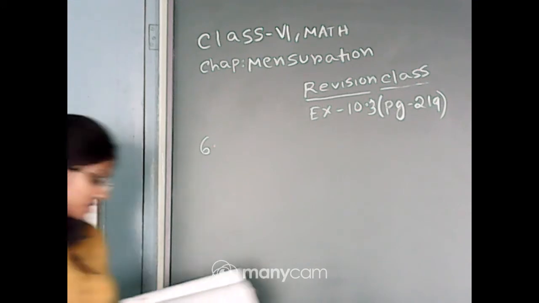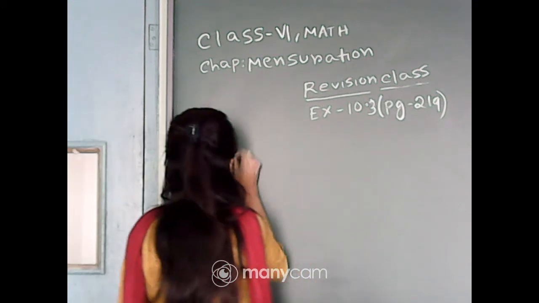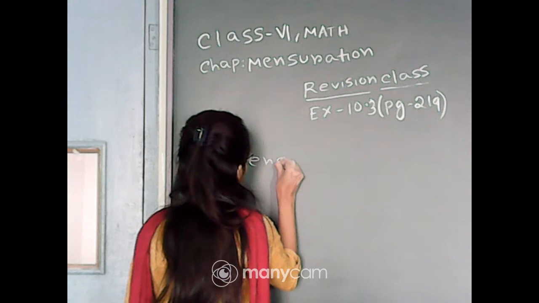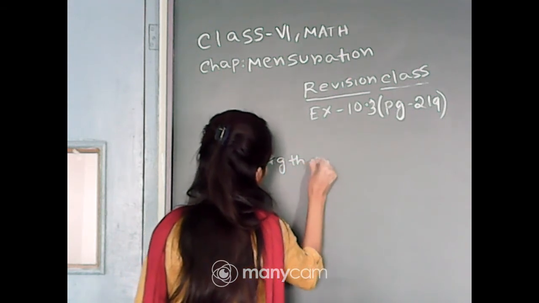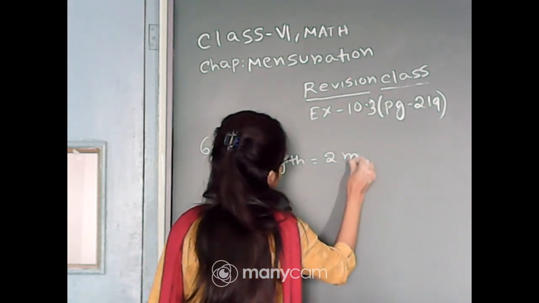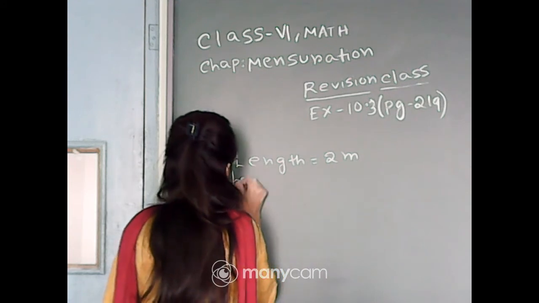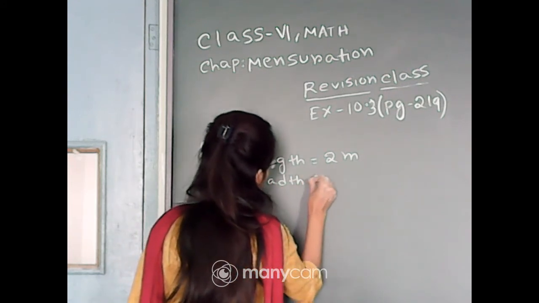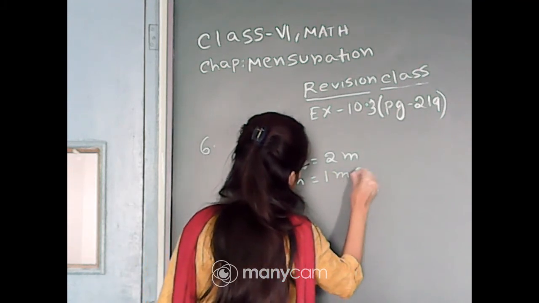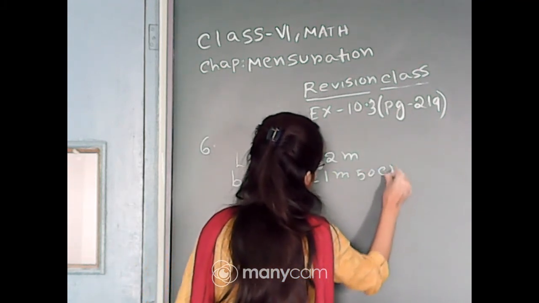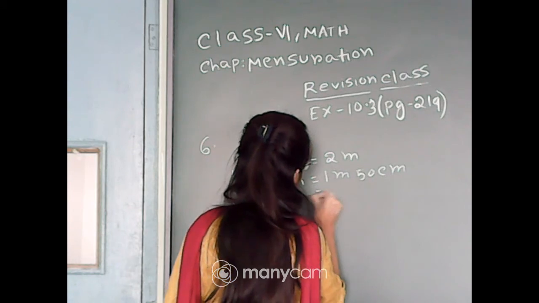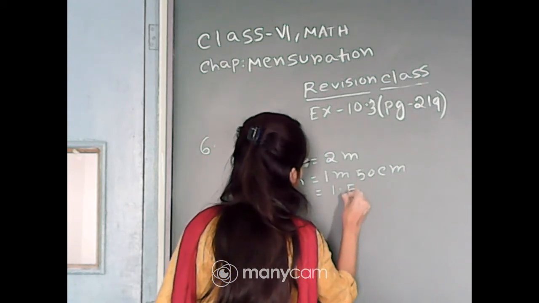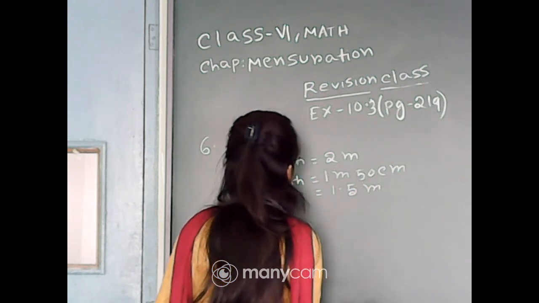Here, length of the tabletop is equal to 2 meter and breadth is equal to 1 meter 50 cm, that is 1.5 meter, isn't it?